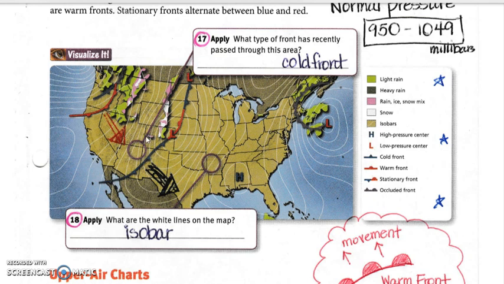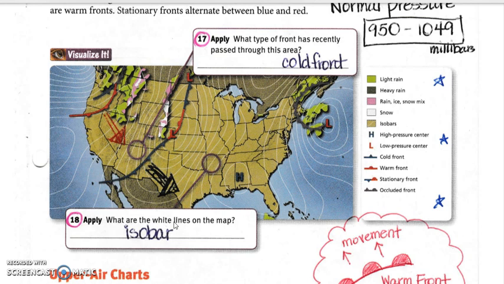That's why it's a cold front. Okay. Way over here is a warm front, meaning that this air behind the front is warmer than this air in front of it. And so it's moving this way, the little humps this time on a warm front, but they still point in the direction of movement. Okay? So what type of front has recently passed through this area? Well, a cold front has recently passed through.